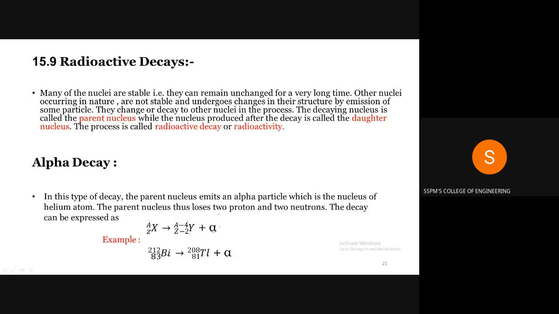So when spontaneous emission from bismuth Bi is taking place, having atomic number 83 and mass number 212, then we'll get a new radioactive element, thallium Tl, plus helium. Okay, having atomic number 81 and mass number 208, plus one alpha particle emitted.